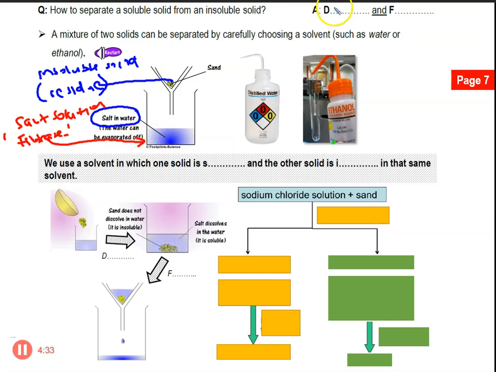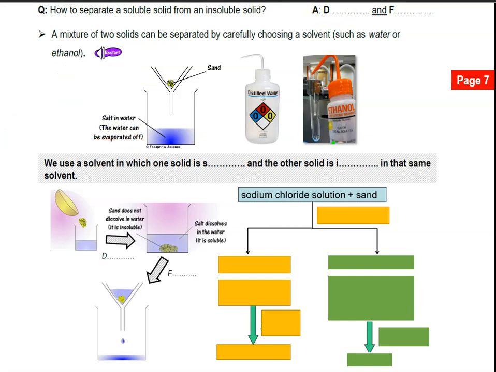What did we first do? Correct. What we first did was we dissolved it. So basically, if you want to separate a soluble solid, in this case your salt, from your sand, you will first have to dissolve the salt to get salt solution. Then what is this method? What is this separation technique known as?